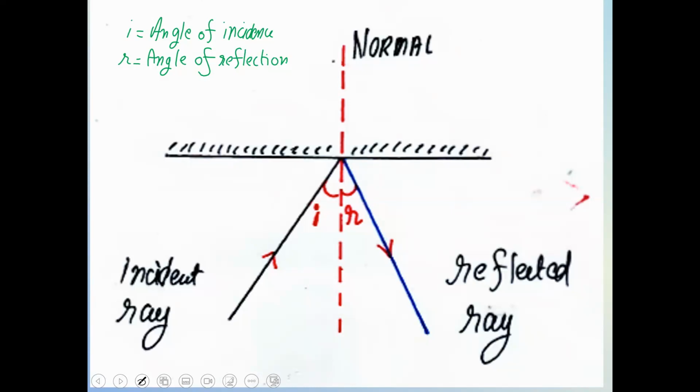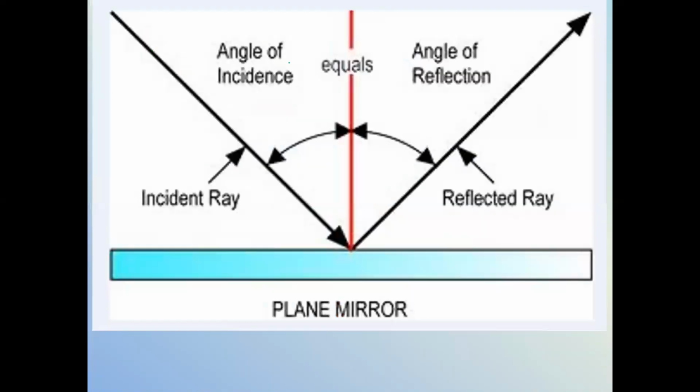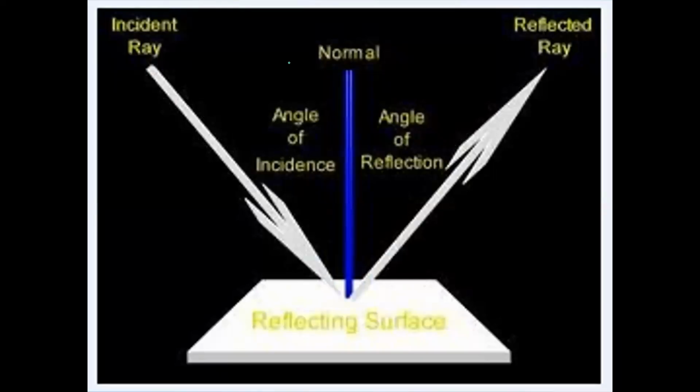Done. The two angles are always equal. Angle of incidence is always equal to angle of reflection.